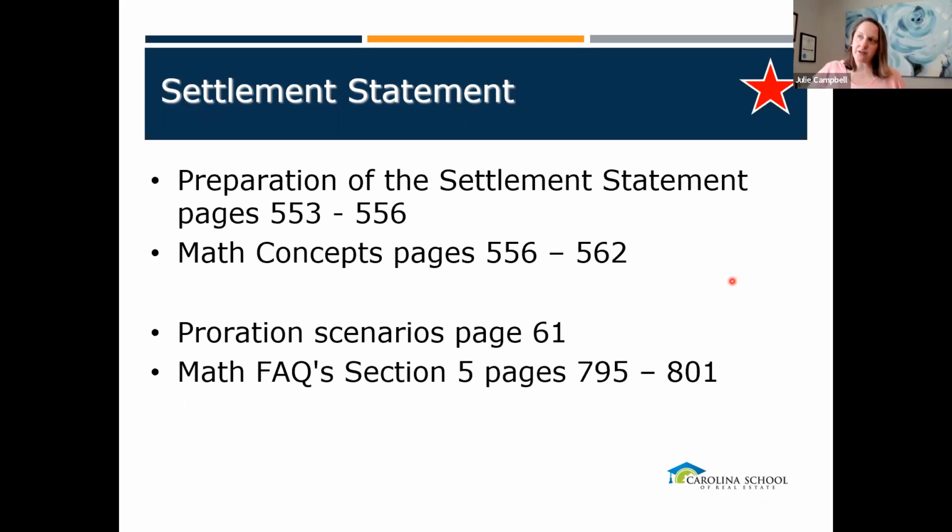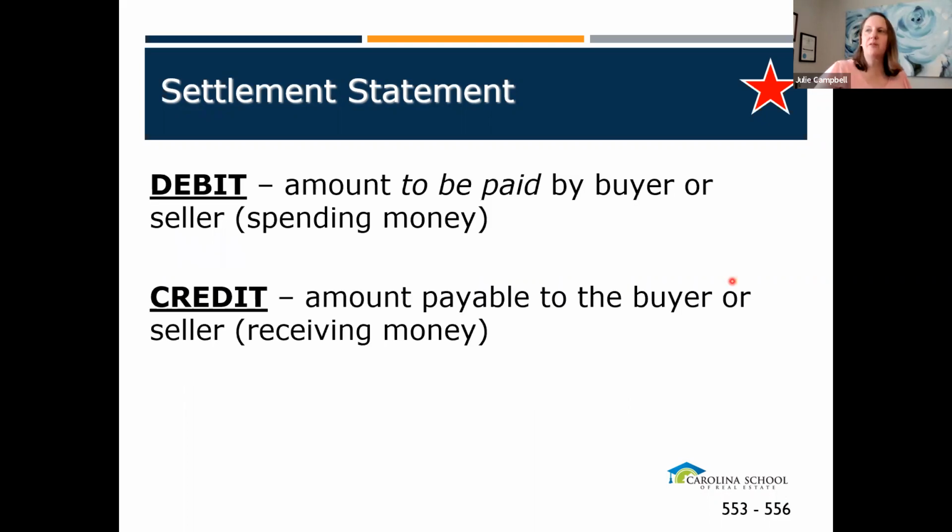As our little introduction to our settlement statement math, the good news is we're only dealing with debits and credits. A debit is an amount owed, an amount to be paid. It's money that they owe at settlement. A credit is an amount you have coming in on your behalf.